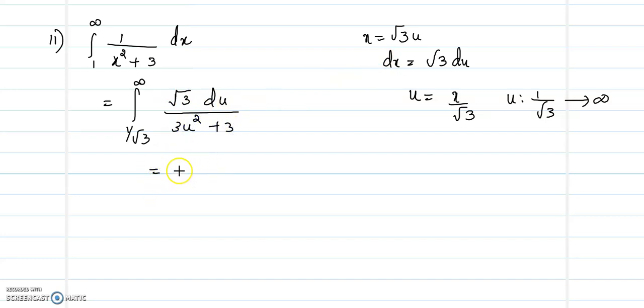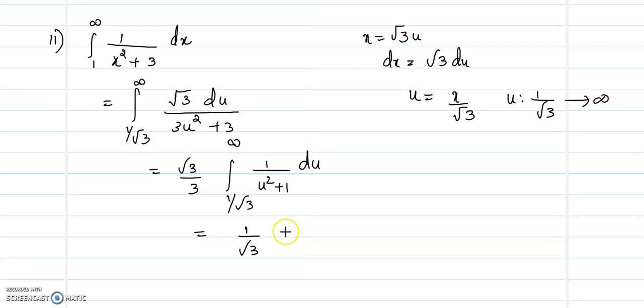So 3 can be taken outside. We have root 3 by 3 times the integral from 1 by root 3 to infinity of 1 by u square plus 1 du. So this will be 1 by root 3, and the integral of 1 by u square plus 1 will be tan inverse of u from 1 by root 3 to infinity.